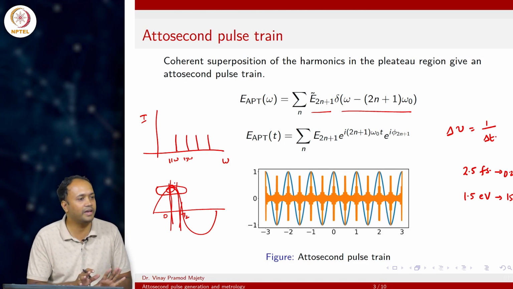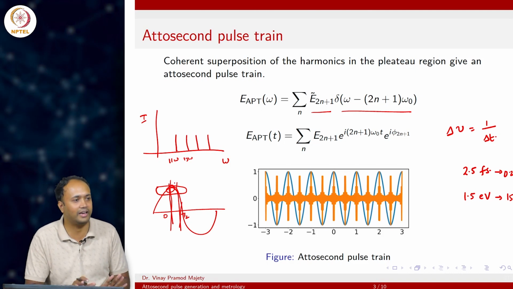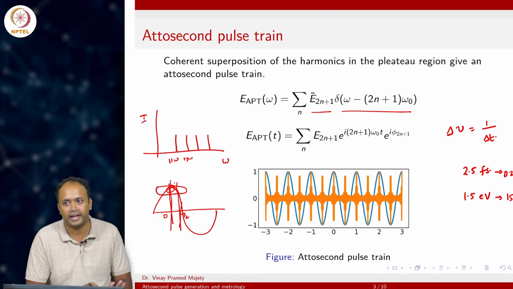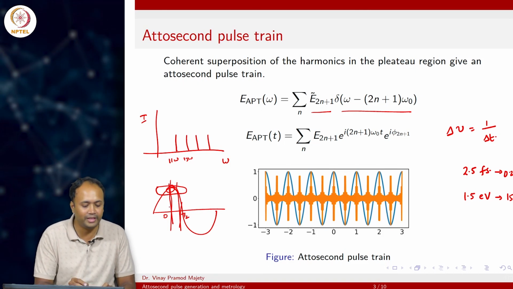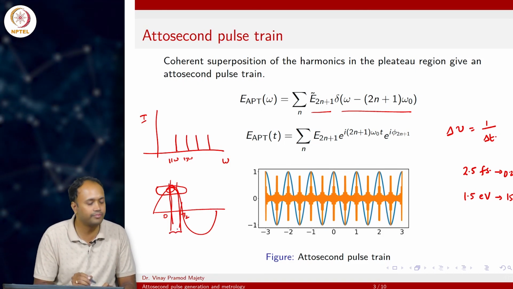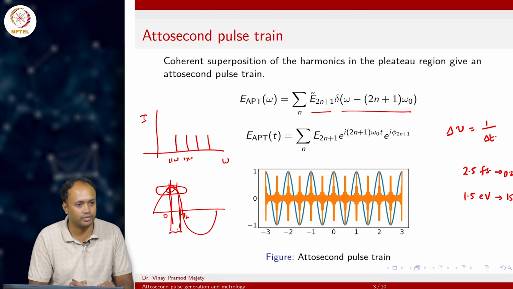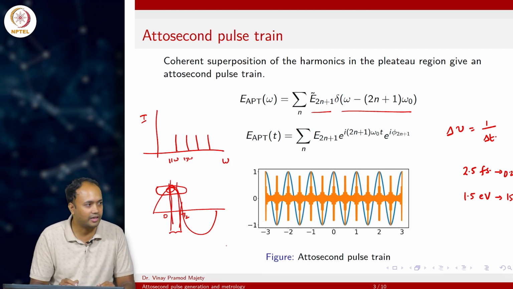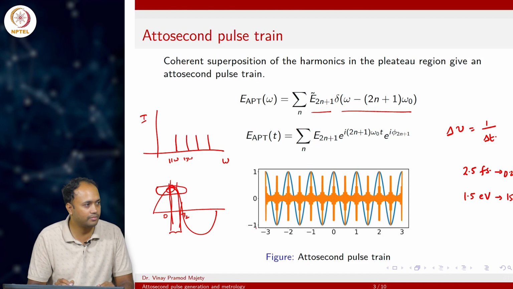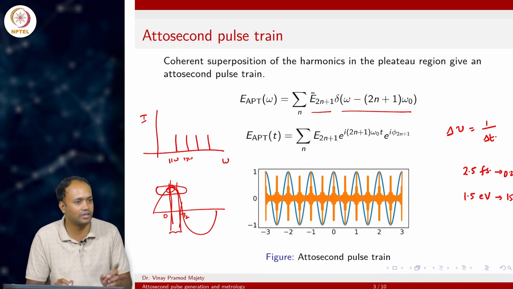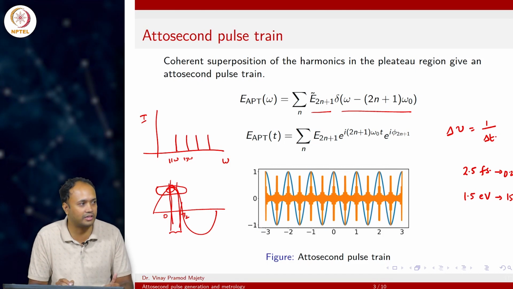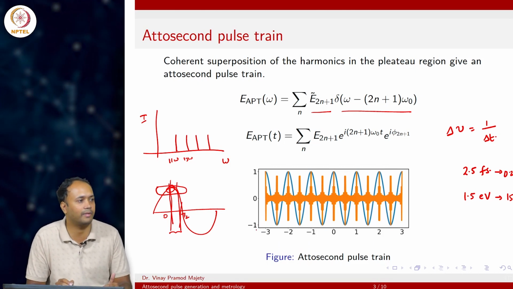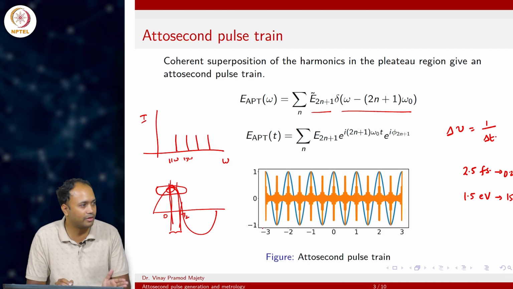Therefore, a combination of the fact that you have a highly nonlinear ionization process along with recollision within this particular time window means that your radiation is confined to a small time window. For each half cycle you have an emission of radiation which is chirped, because depending on a particular ionization time you have a recombination time, and given a recombination time I have emission of a photon at a different frequency.